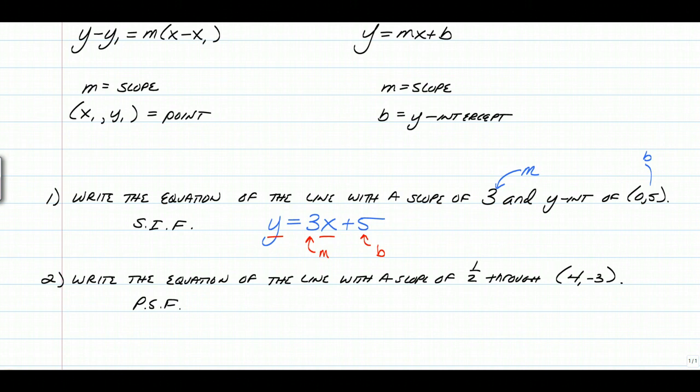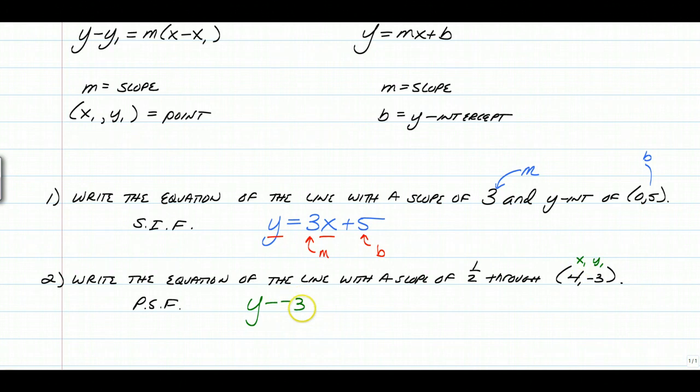The second example is the same thing, just getting you used to what point-slope form is. So point-slope form, we have y minus y1. Now y1 is the y-coordinate of the given point. So here's our x1 and y1. So we're going to substitute in a -3.